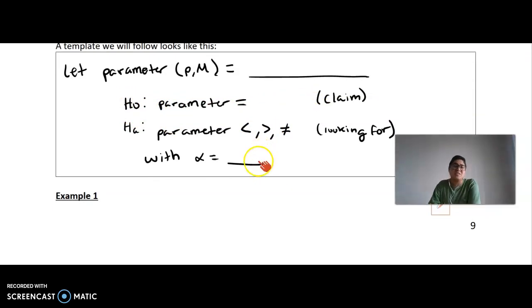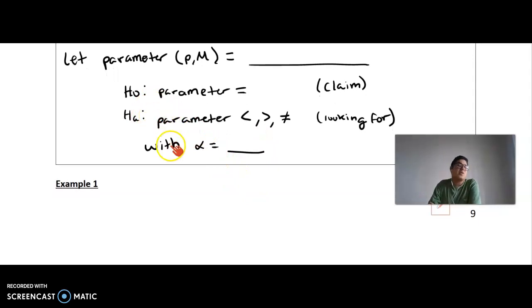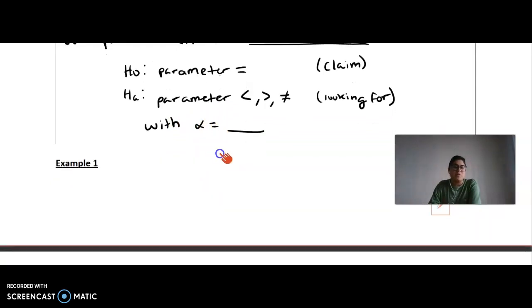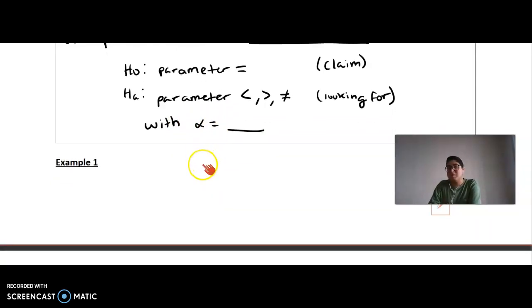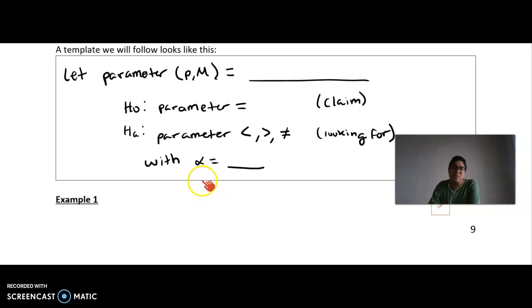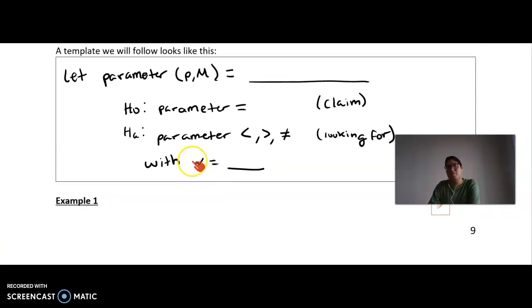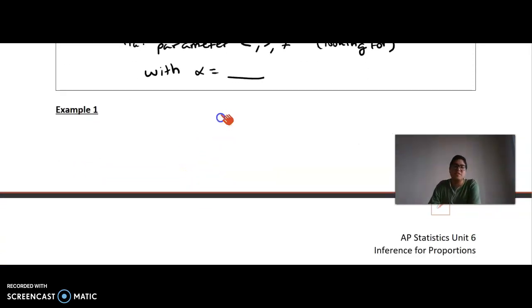This is usually given to us in the problem. Now, the Ha is what we're looking for, and we'll say that the parameter is less than, is greater than, or does not equal the claim. And we're going to specify our alpha level, right? Our level of significance here. Now, we're going to use 0.05 unless it's specifically stated. Just like when we use a confidence interval, we use a 95% confidence interval unless specifically stated.